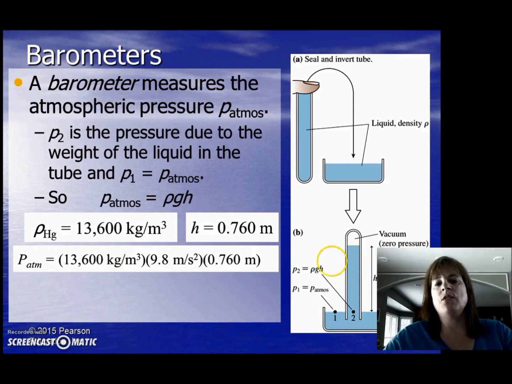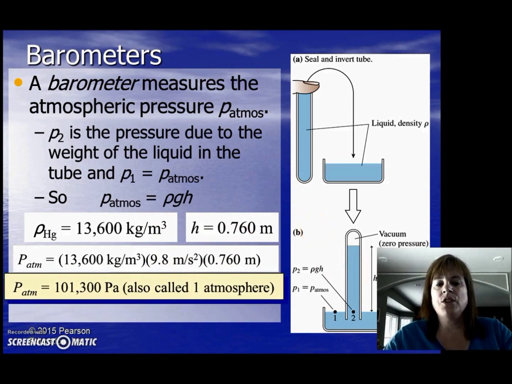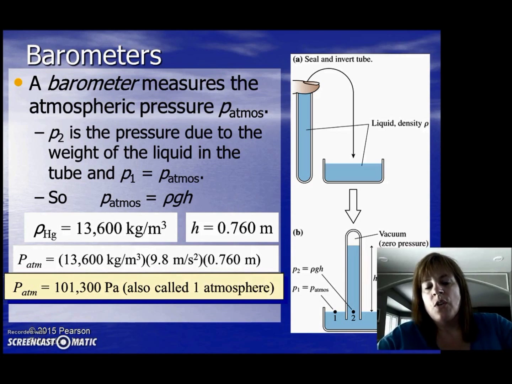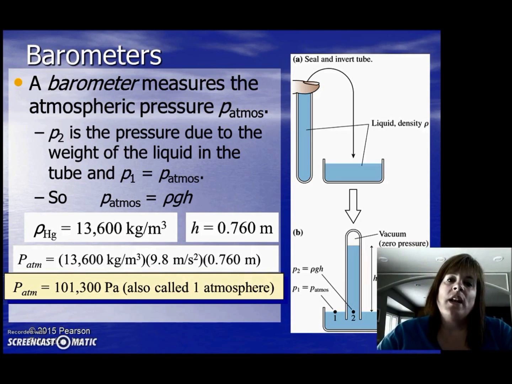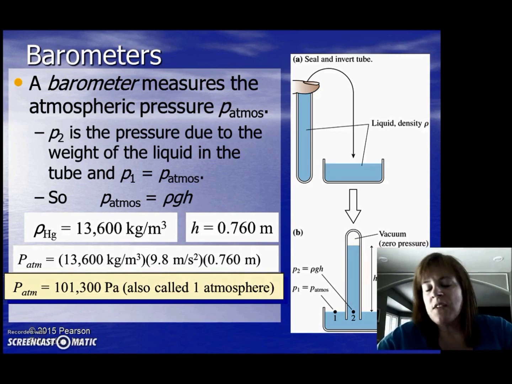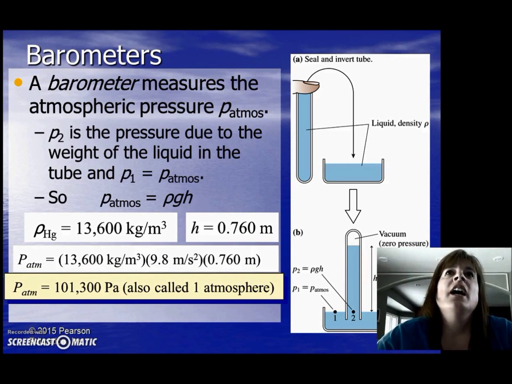If we plug that into our equation, the pressure due to the atmosphere that we will use as a constant is 101,300 pascals, or we can just use 1 times 10 to the 5th pascals. This is also called 1 atmosphere, or 760 millimeters of mercury, or 760 torr.